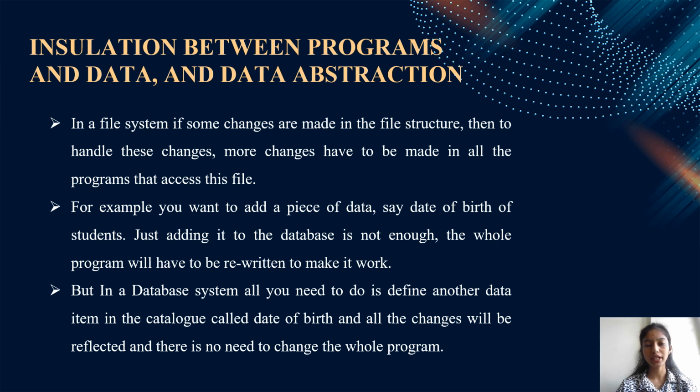Just adding it to the database is not enough. The whole program will have to be rewritten to make it work. But in a database system, all you need to do is define another data item in the catalog called date of birth, and all the changes will be reflected and there will be no need to change the whole programs.